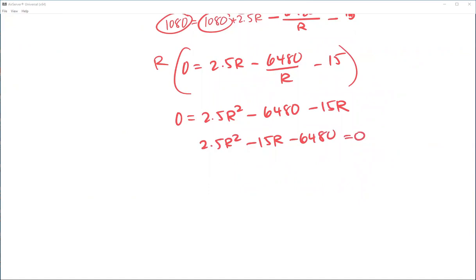This is in standard form. Let's take out a 2.5. It'll be R squared minus 6R, and then minus 6480 divided by 2.5, which is 2592.